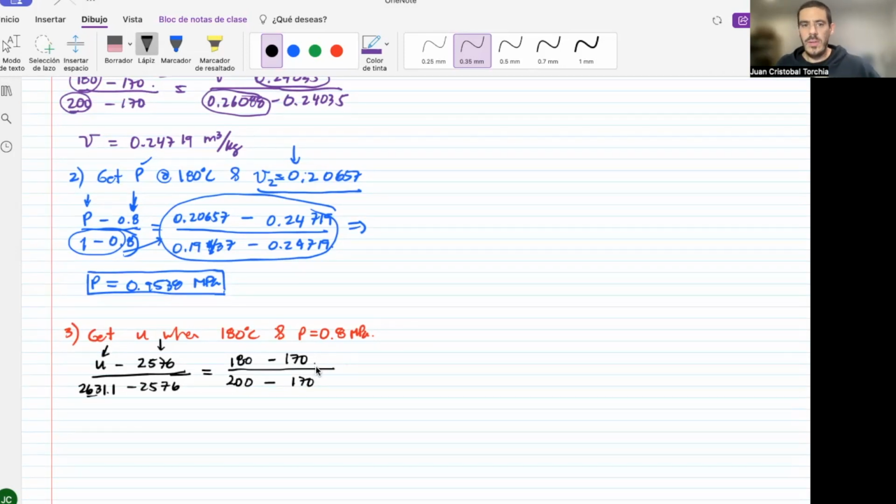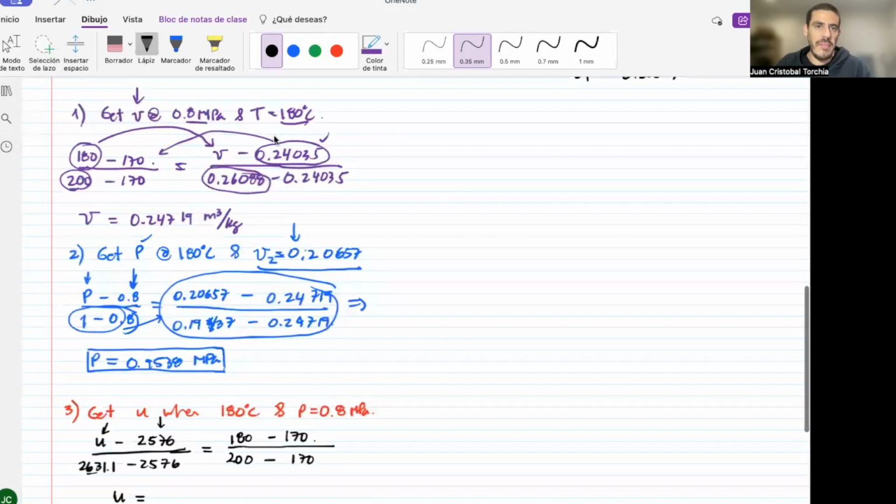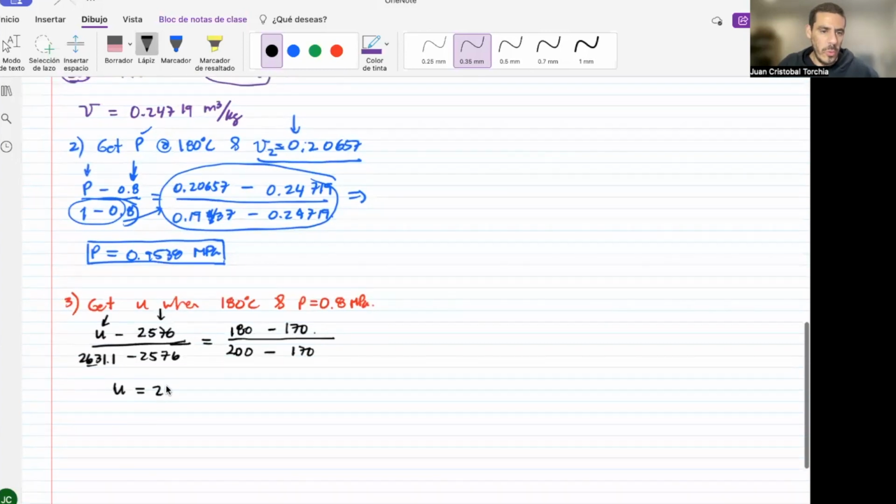That's what I'm doing, and all of this information is at 0.8 megapascals. Now if you do your calculations correctly, this is U at 180 degrees Celsius and 0.8 megapascals, which is 2,594.37 kilojoules per kilogram.